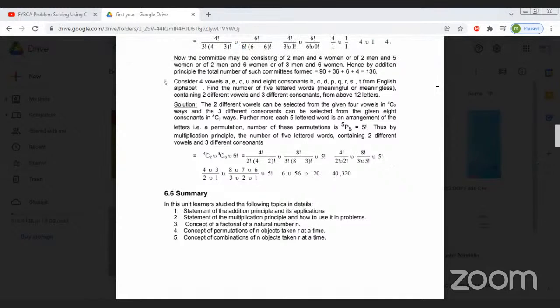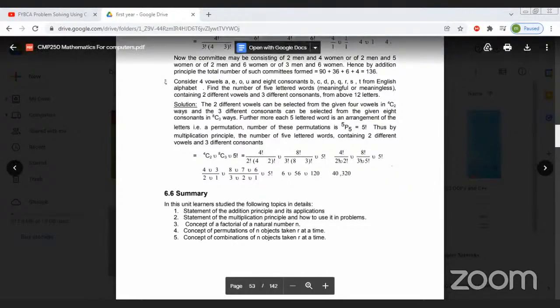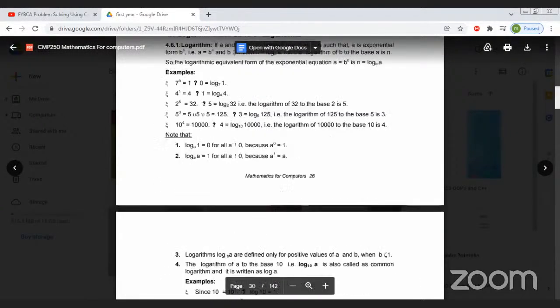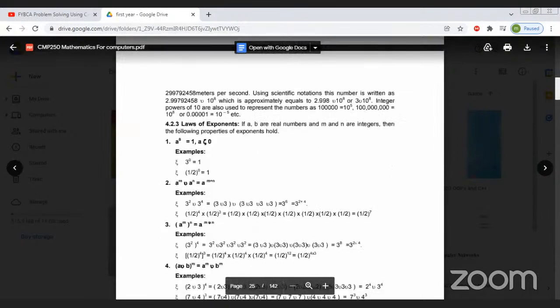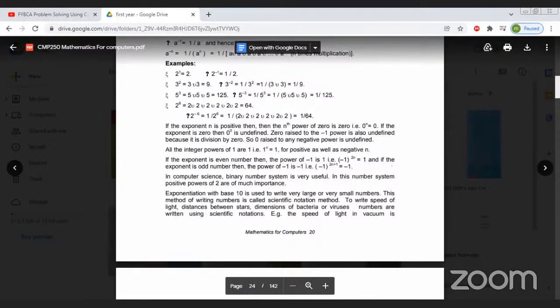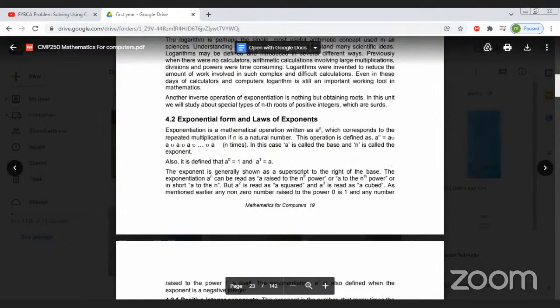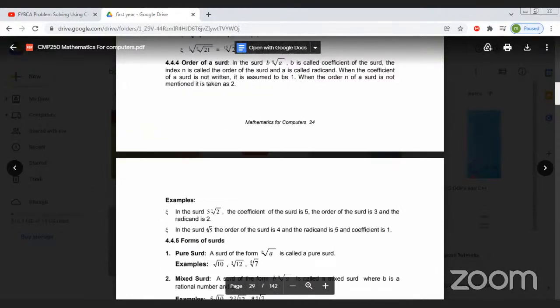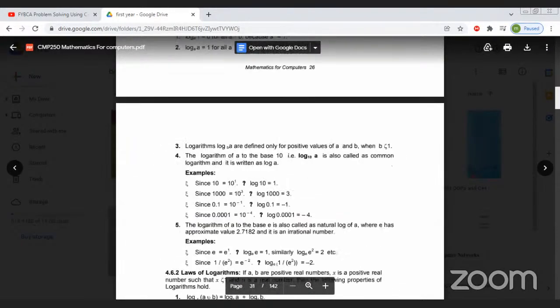Ma'am, the Cartesian products in the sets, the 10th question I was asking about in yesterday's lecture. Okay, the Cartesian product. Where is it?